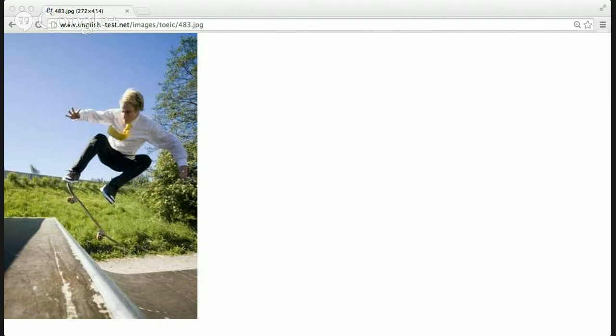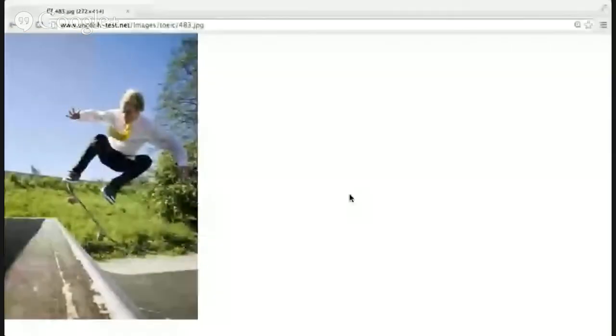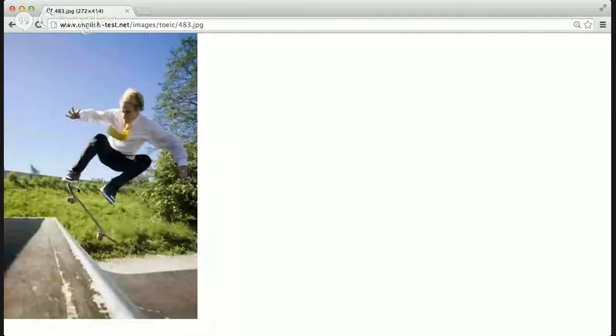He is with, how do you call... What he's riding on? This right here? Yeah, the board. That's called a skateboard. Skateboard. He is looking like an executive. Okay.